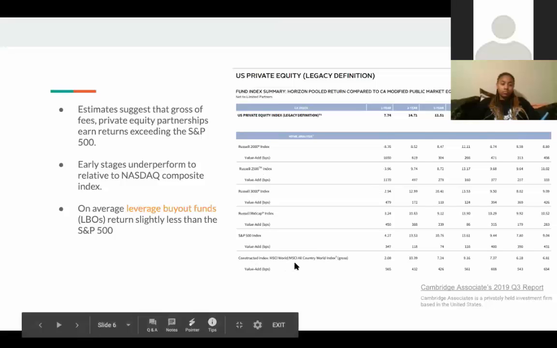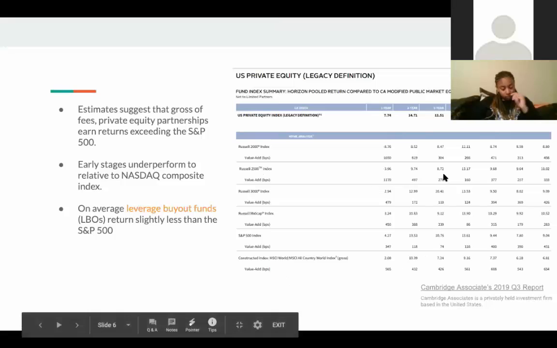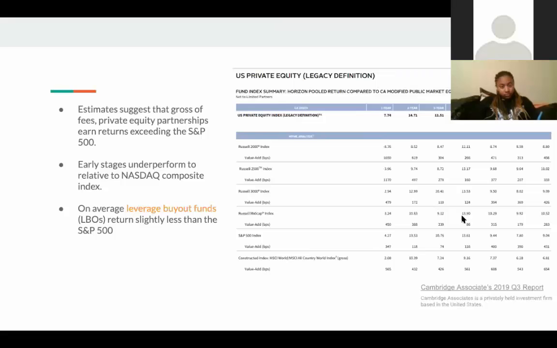If you look closely, it outperforms all the public markets, even though in the 10-year Russell Midcap Index, it does come close. This chart definitely indicates that private equity outperforms public equity.